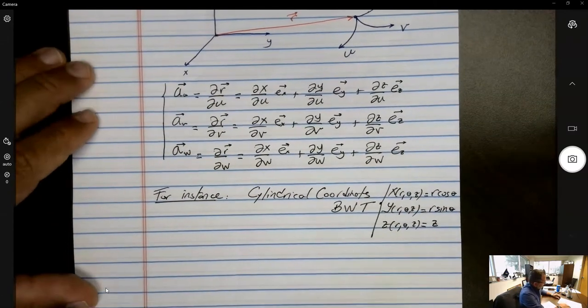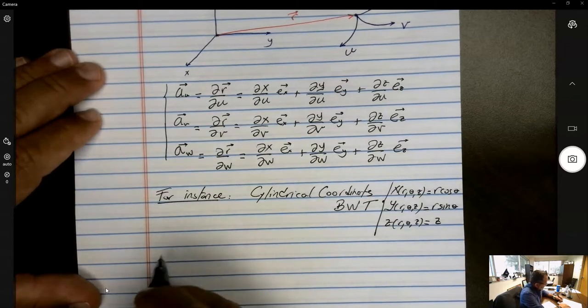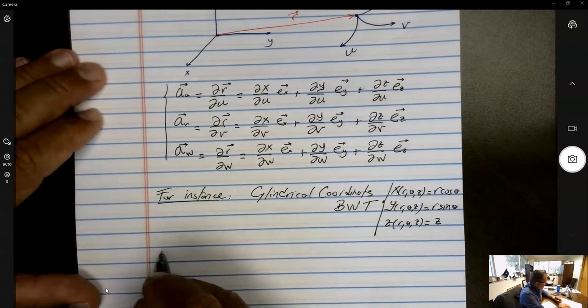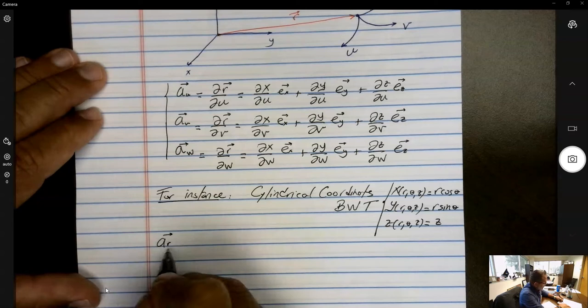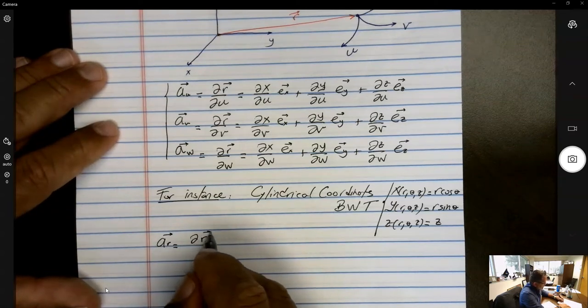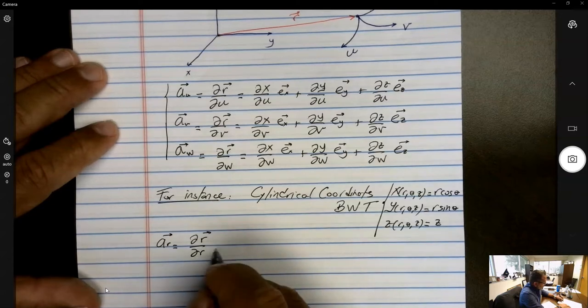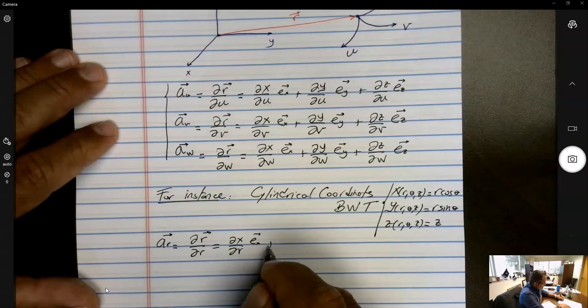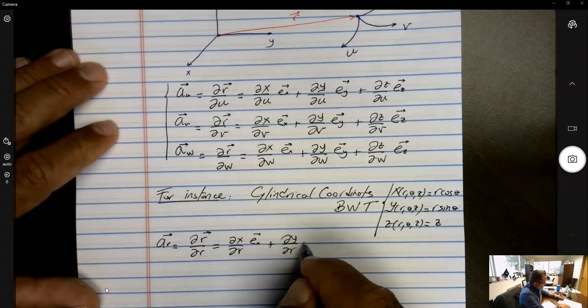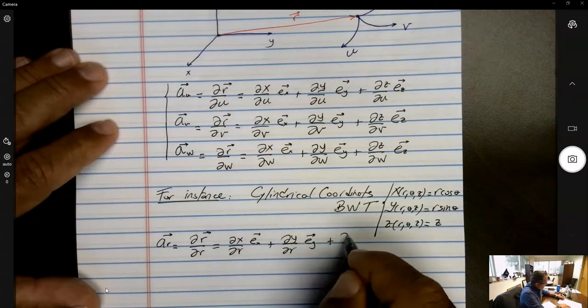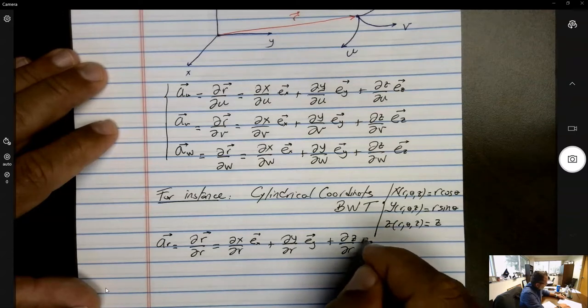So let me express AR. AR is the position vector with respect to the r coordinate, which is the x with respect to r in the x direction, plus the y with respect to r in the y direction, plus the z with respect to r in the z direction.